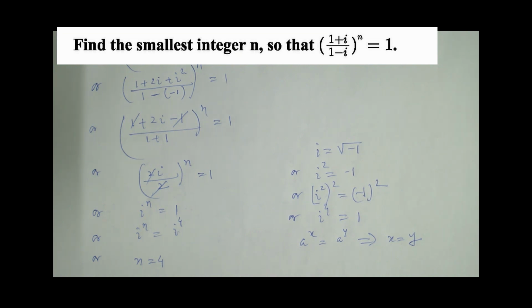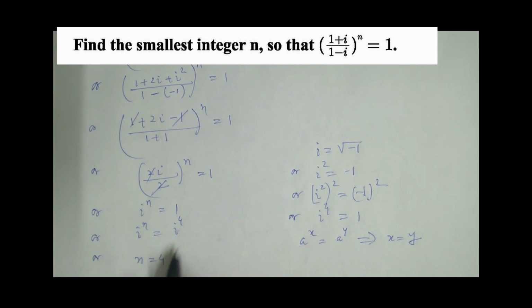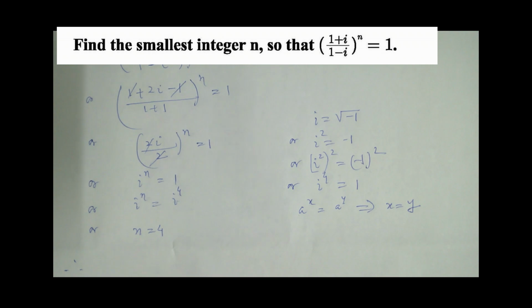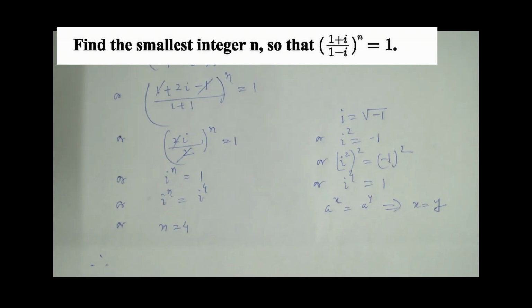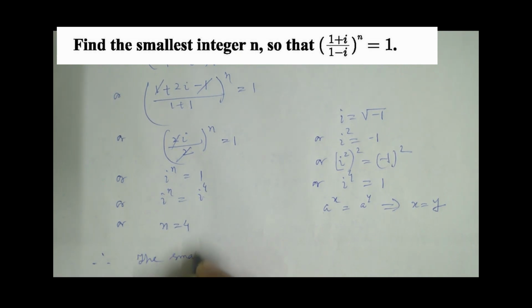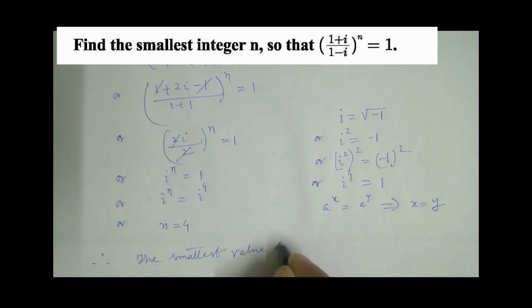Therefore, as per the question, find the smallest value of n. Here the smallest value of n is equal to 4. Therefore, the smallest value of n is 4.